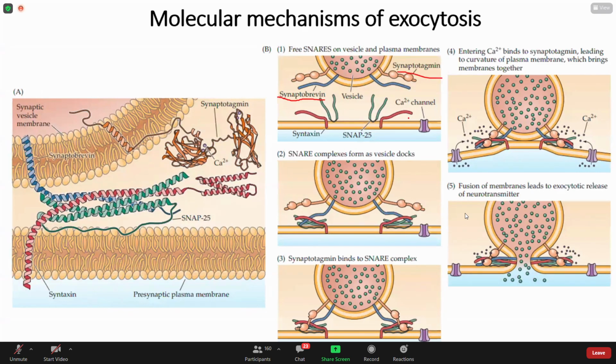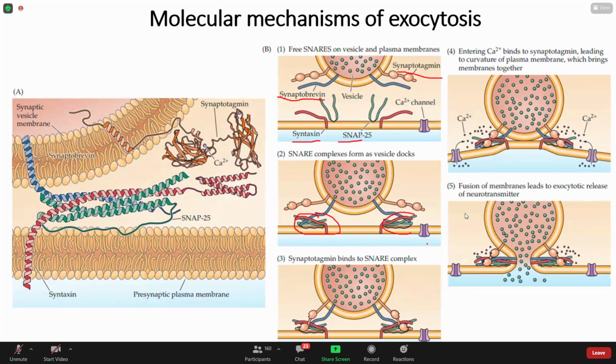On the membrane of the presynaptic terminal, we have syntaxin and SNAP25. So priming is basically the formation of a complex between these SNARE proteins. As you can see here, they are forming a complex, okay?